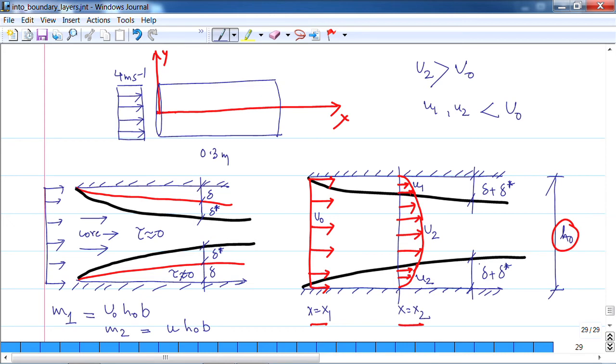So the free path available for the flow to move is decreased, but it has to keep the same mass moving through the two sections. Therefore, it will need to accelerate so that the law of mass conservation is valid. So, hence in this core region, the flow is basically accelerating. So, that is what we mean.